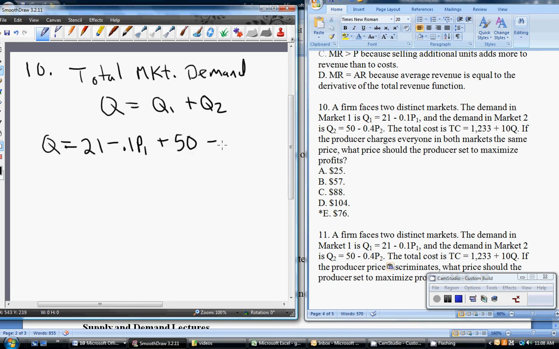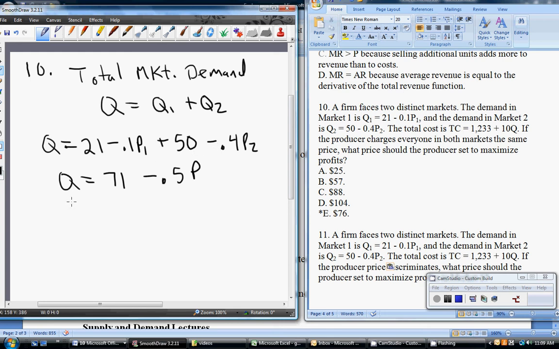So just getting these demands from the question, simplifying, and we get that result. We can ignore the subscripts. When the firm is not going to price discriminate, the price will be the same in market 1 and market 2, so we just add up the P terms.